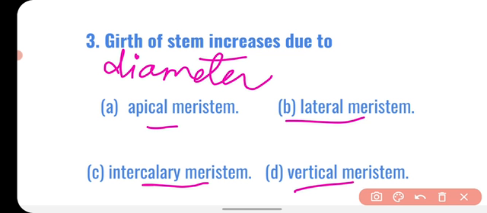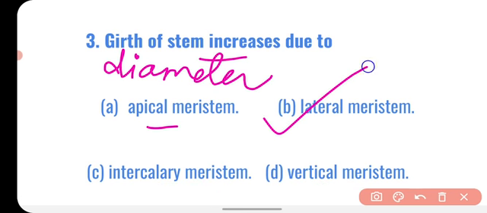Secondary growth increases the girth of the stem. In secondary growth, the diameter of the stem and root increases, and that is because of the lateral meristem. So the correct answer is lateral meristem. It is responsible for increasing the diameter, meaning girth, of the stem.